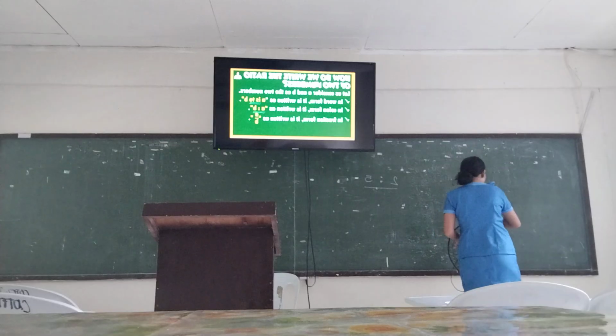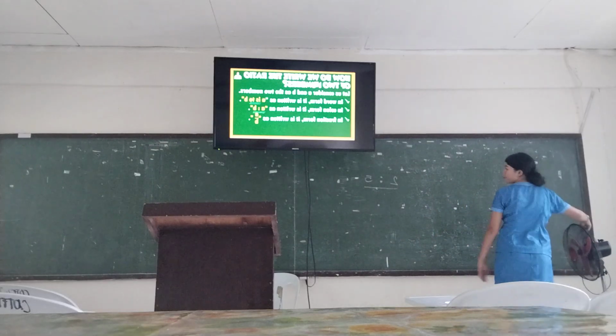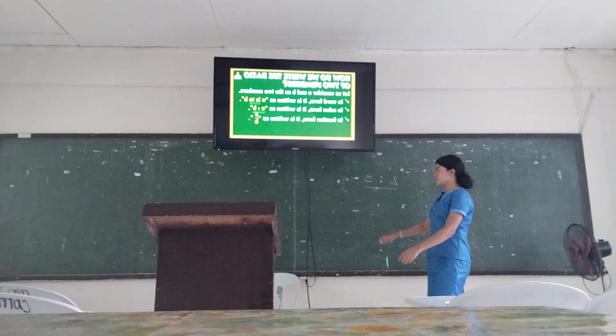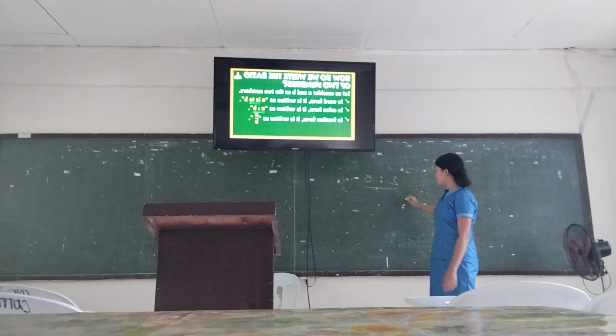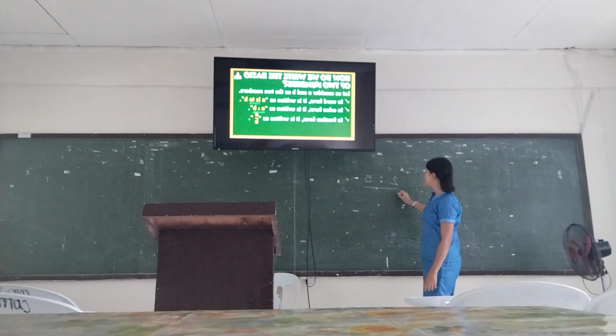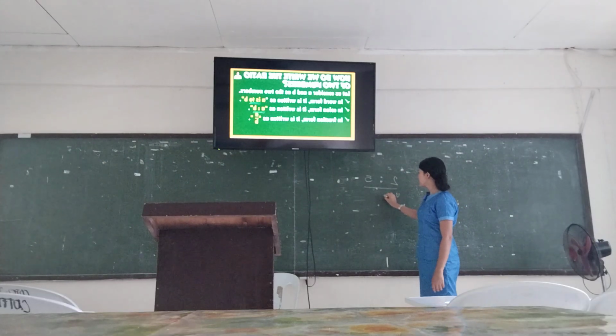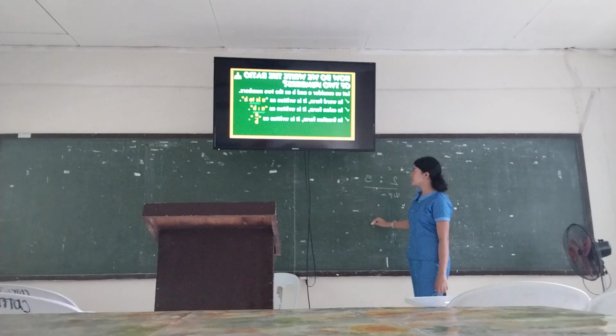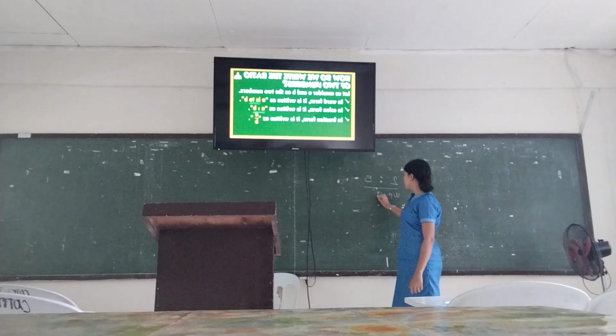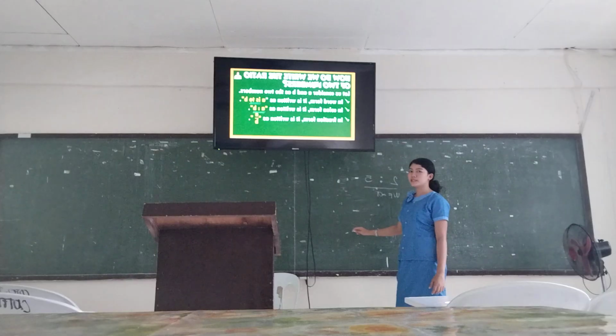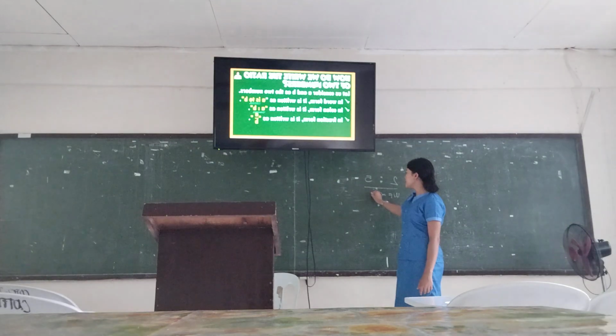So one way of writing a ratio is in word form. In word form, we are going to write A, or the term that is mentioned first, and is to.